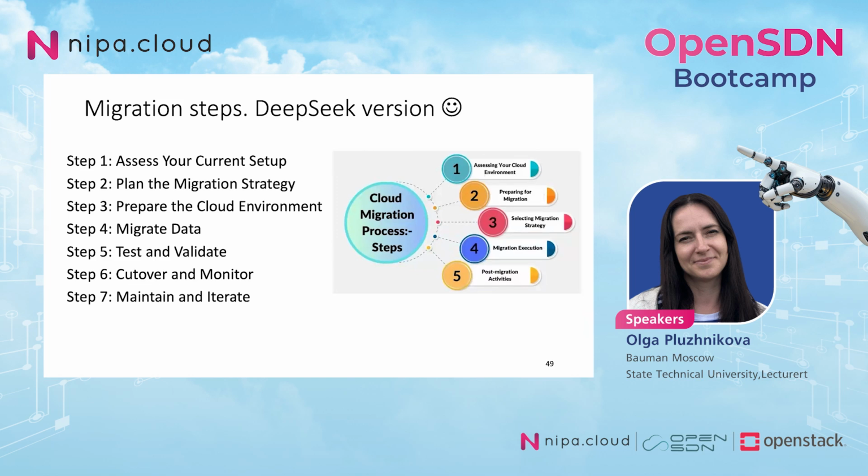Document the size of your vector database, identify dependencies, peak load times and scalability needs, and so on. The next step, plan the migration strategy. Move data to the cloud, gradually shift workloads while keeping some data on-prem, use cloud provider tools and others.